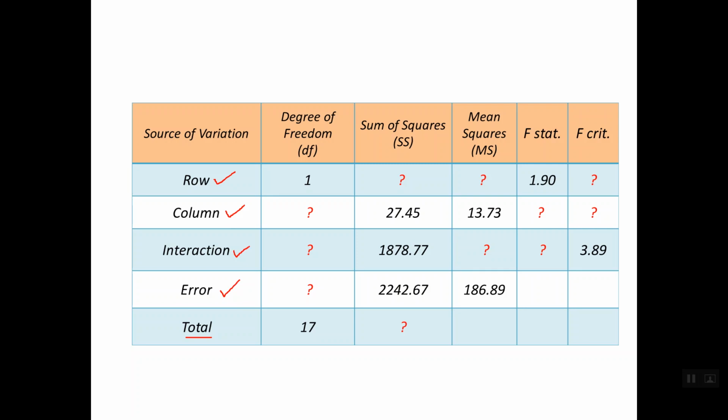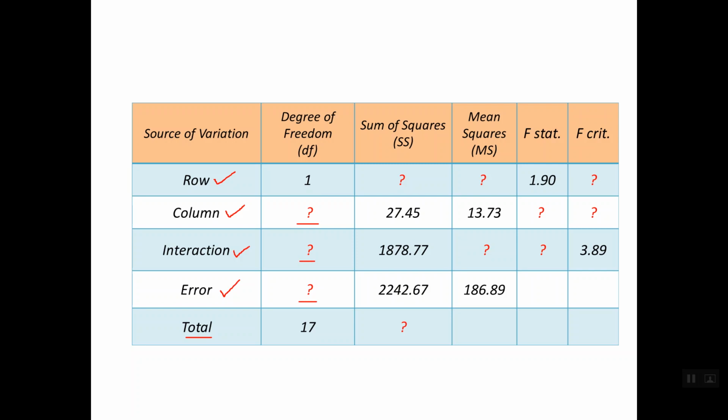What is missing here? For the degrees of freedom, we need to calculate the degrees of freedom for the second factor. From now on, I will call the row factor factor number 1 and the column factor factor number 2. We need to calculate the degrees of freedom for the interaction and for the error.